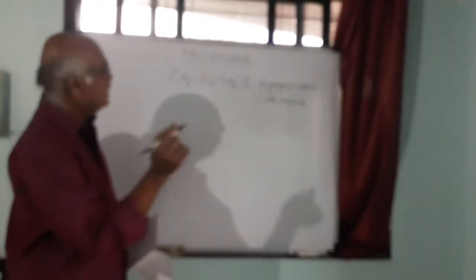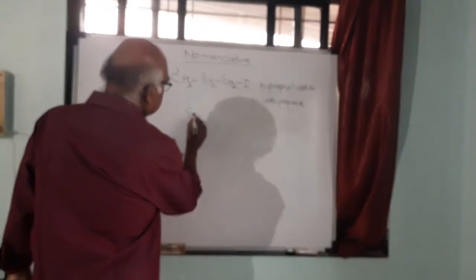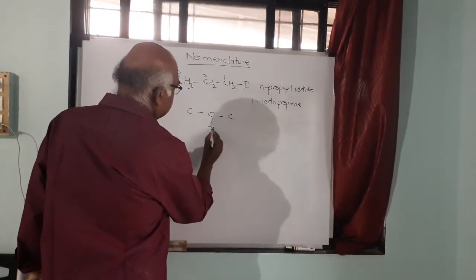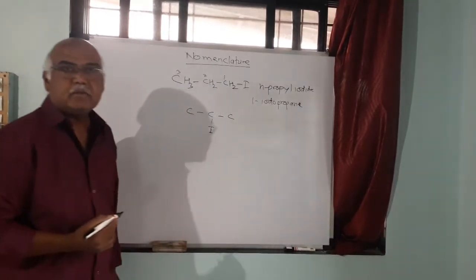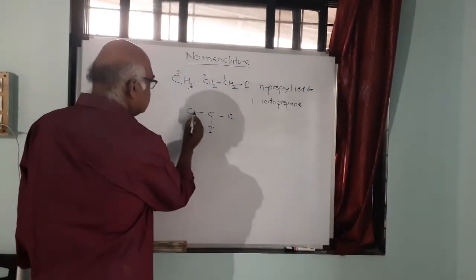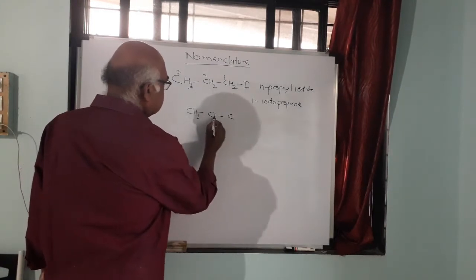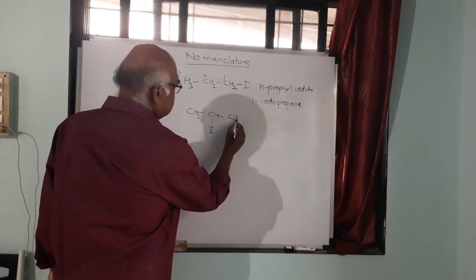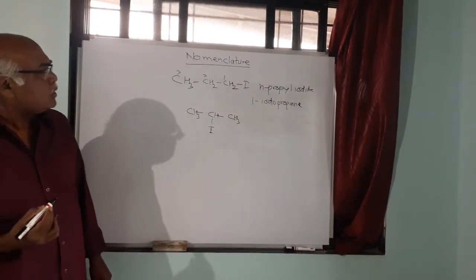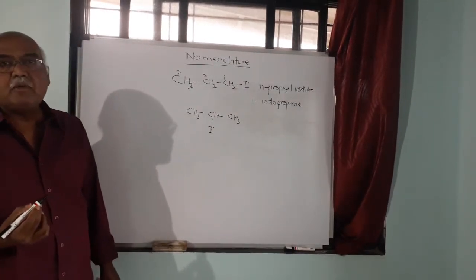Okay. I will take one more example with three carbon atoms, and then I am going to put the halogen atom on the central carbon atom like this. Okay, and now I will put the hydrogens: CH3, then CH and CH3. Now what will be the name of this particular compound?